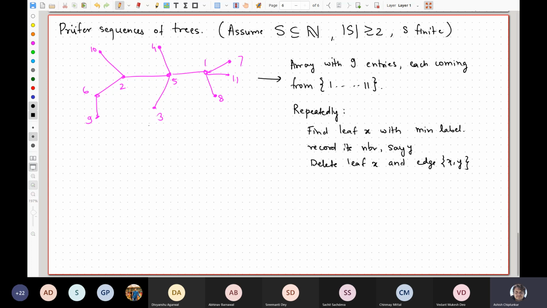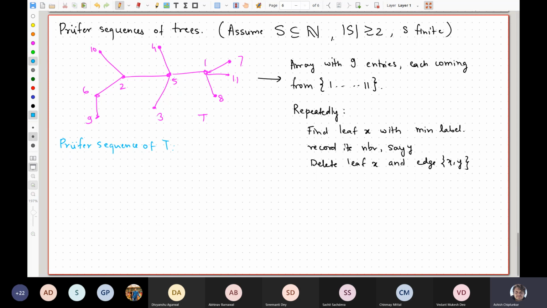The leaf with the minimum label is 3 in this case. So we're constructing the Prufer sequence of T. 3 is the leaf with the minimum label.